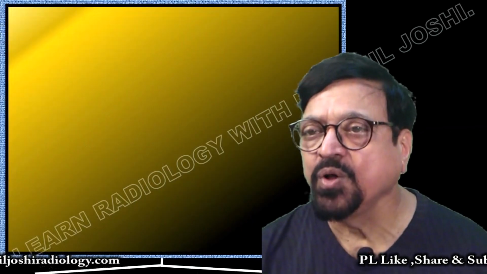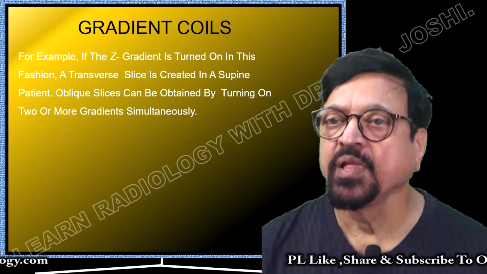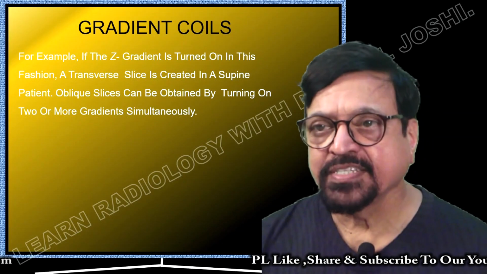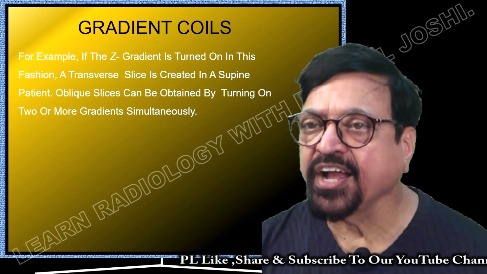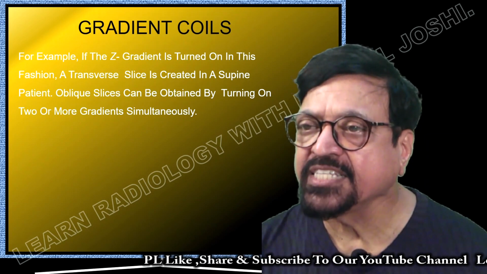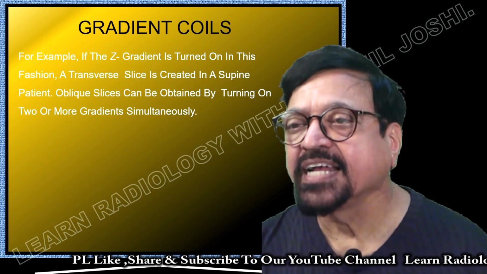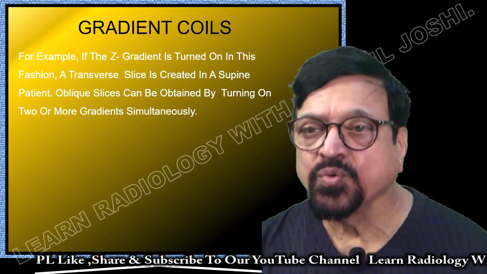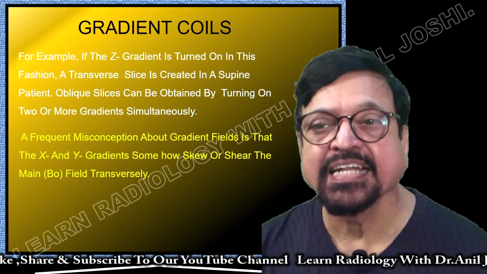So that is how, by applying gradients in different techniques, you can achieve different goals. For example, if a Z gradient is turned on in this fashion, a transverse slice is created in a supine patient. Oblique slices can be obtained by turning on two or more gradients simultaneously. That's how you acquire a three-dimensional picture.